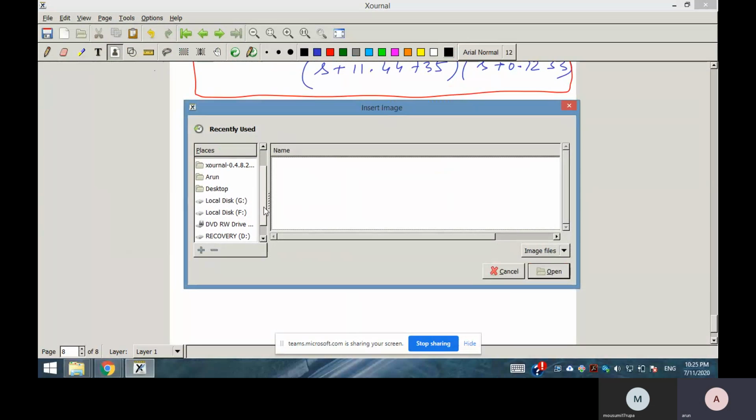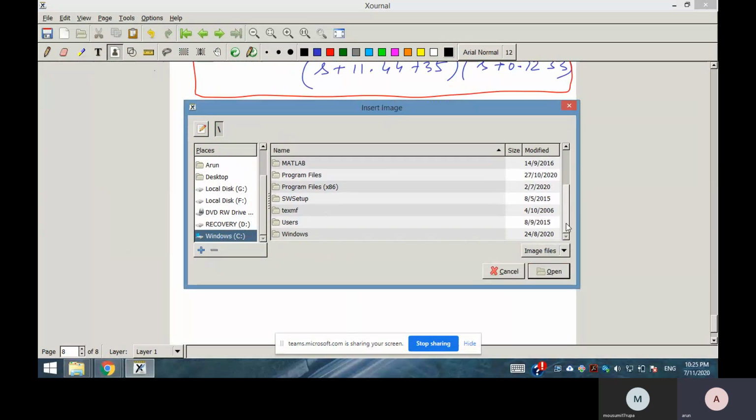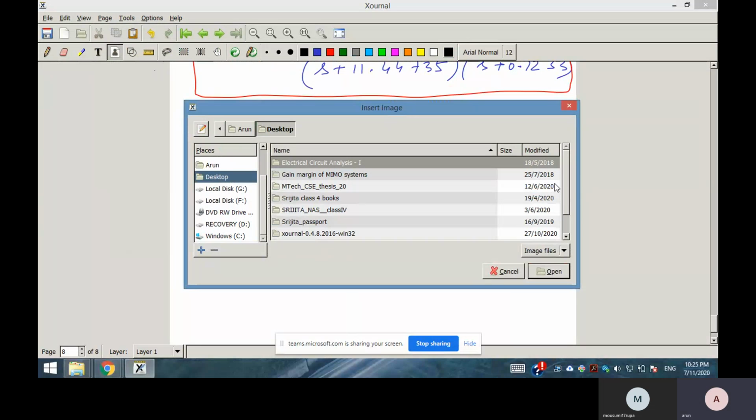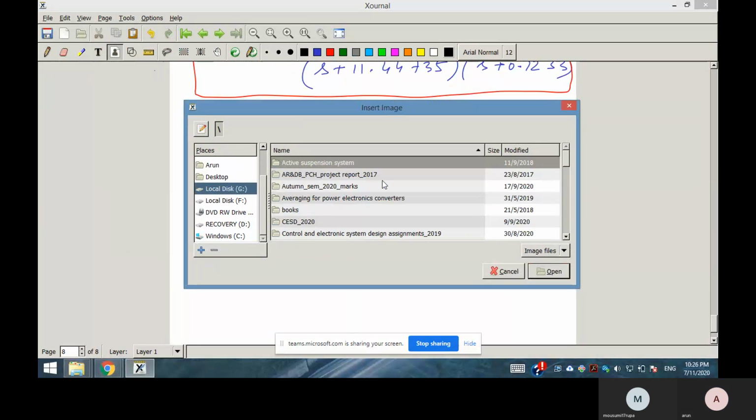So it is in downloads. Where is the download index? It is in download file. Desktop, C drive.